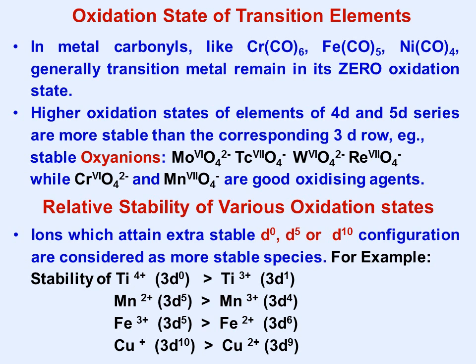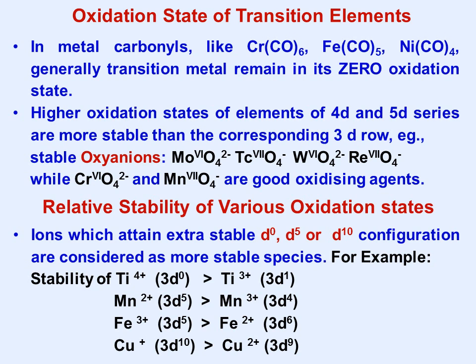Another important aspect of oxidation state and chemistry of transition metal elements is that the higher oxidation states of elements of the 4d and 5d series are more stable than the corresponding 3d row, and these elements of 4d and 5d prefer to form stable oxyanions like molybdates, pertechnetate, tungstates, perrhenates, etc. While the oxyanions of the 3d row, that is chromate or permanganate, are good oxidizing agents.